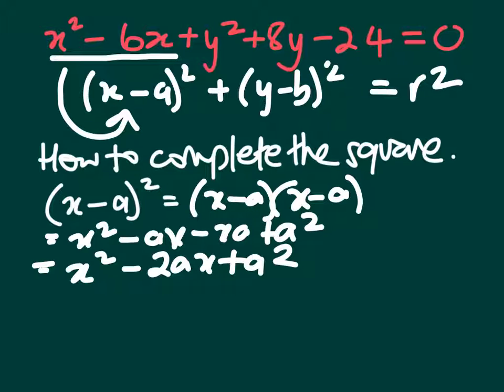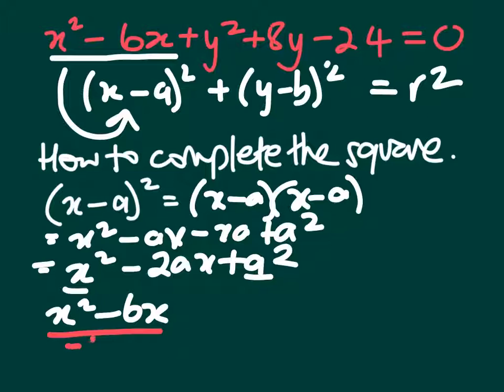So the first number is a square number, the last number is a square number, and the second number is twice the product of the square root of x² and the square root of a². So let's start off with this example here. x² − 6x is the beginning of this perfect square. We now need to see what we would add on to the end to make it into a perfect square.